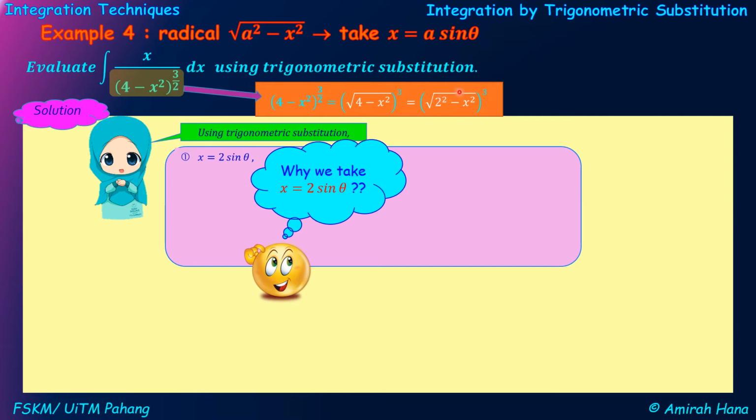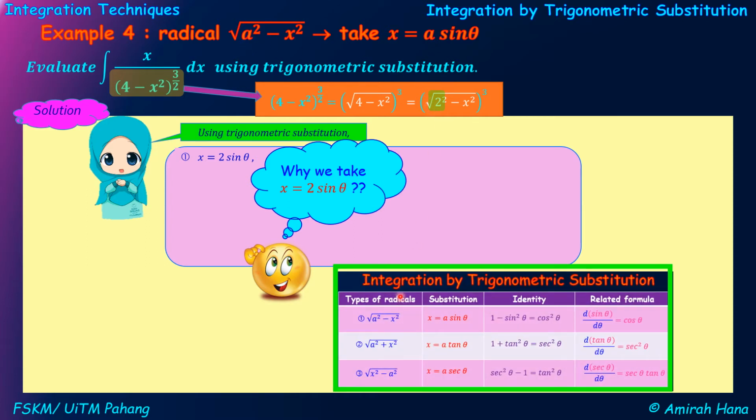Since we have the square root of a constant squared minus x squared, our constant now equals 2, so our a equals 2.